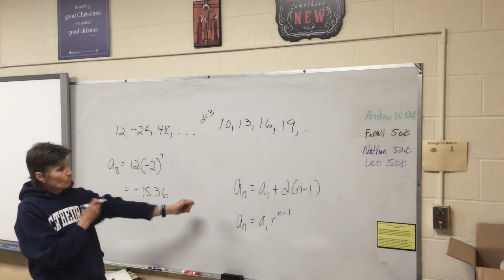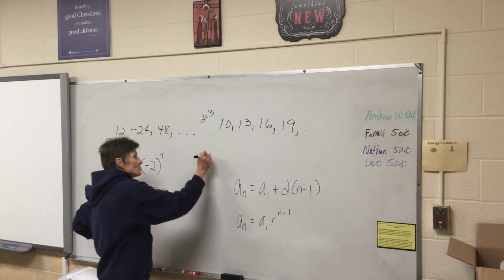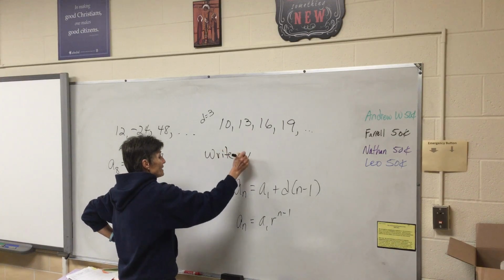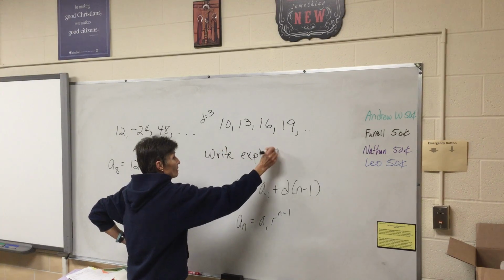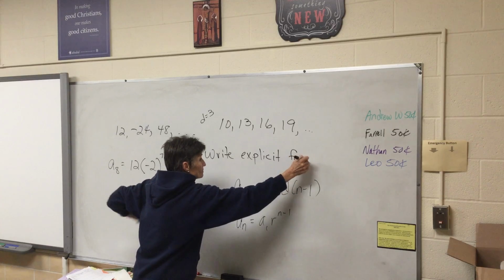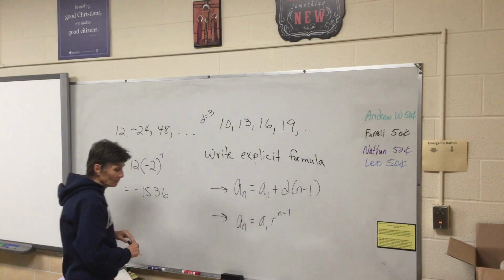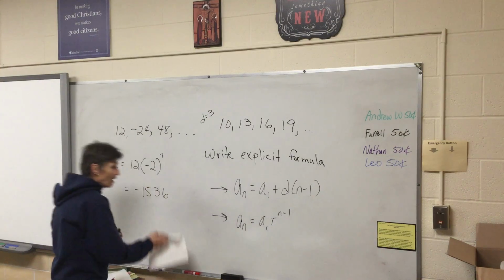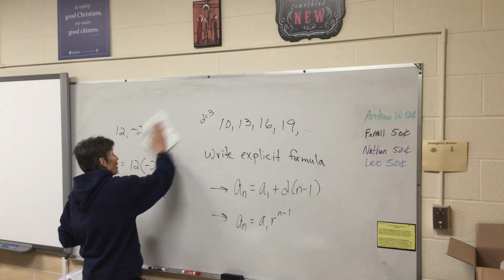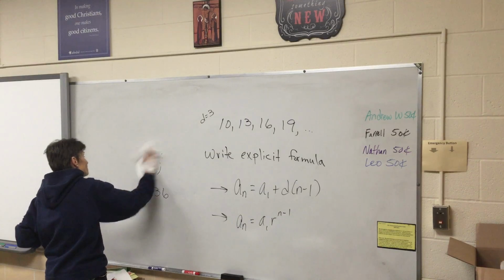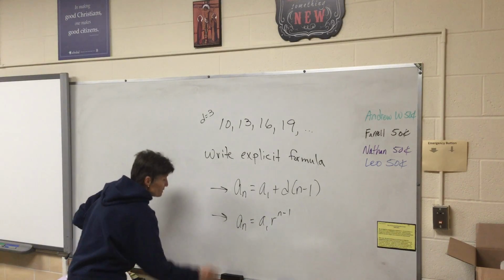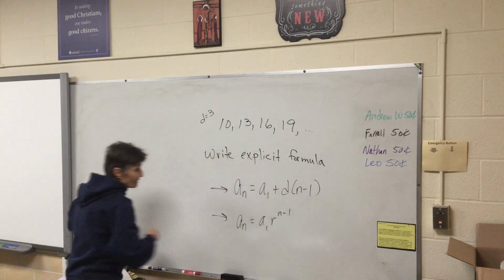Now, what the problem wants you to do is to write an explicit formula. That means these. These are explicit formulas. Now, since you have figured out that it is arithmetic, you're going to be using this one, the one with the D in it.